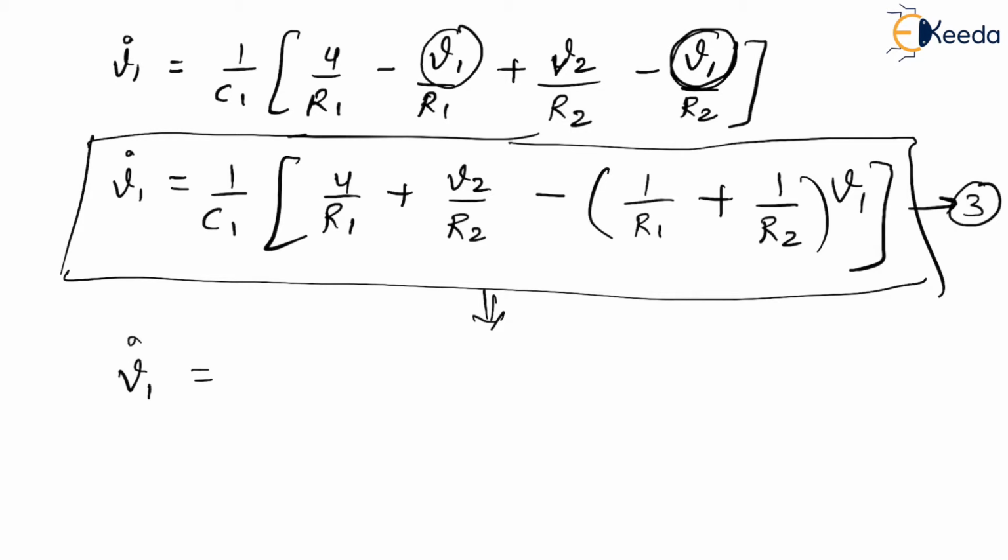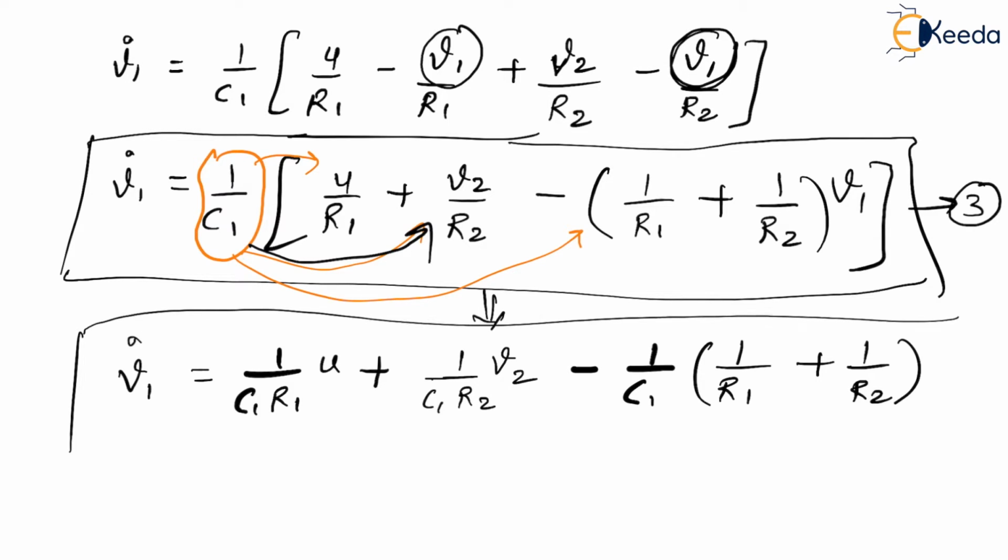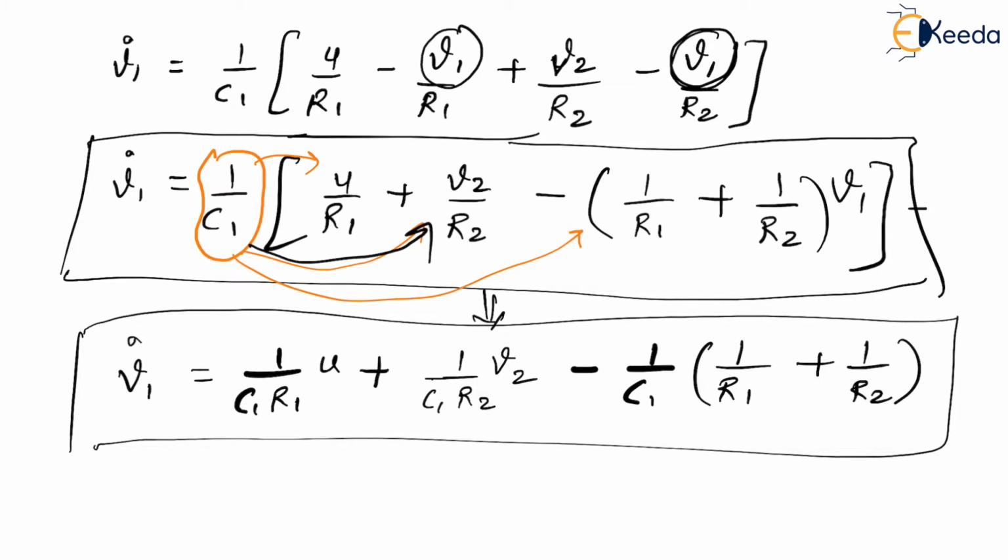V1 dot is equal to, let me take this 1 by C1 inside, meaning it gets multiplied with each of the terms. So it is going to become 1 upon C1 R1 into U plus 1 by C1 R2 into V2, and then minus the same, 1 by C1 into 1 by R1 plus 1 by R2. Let me call this equation 3 now.